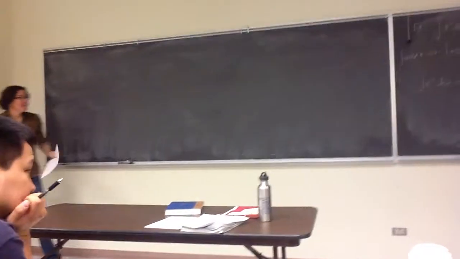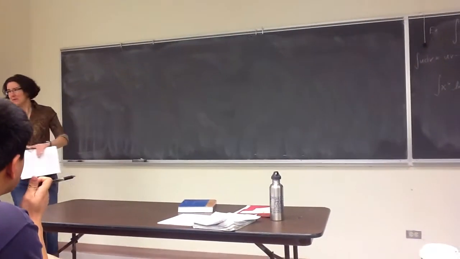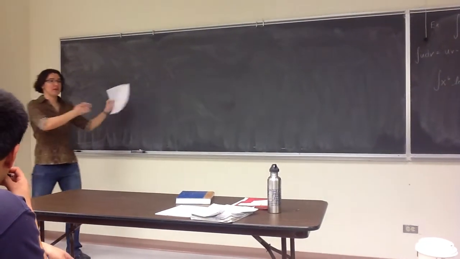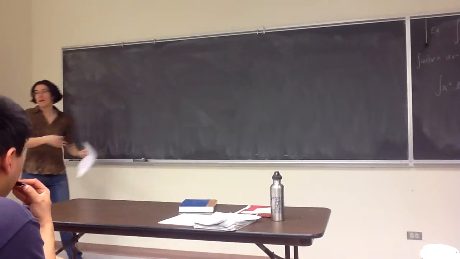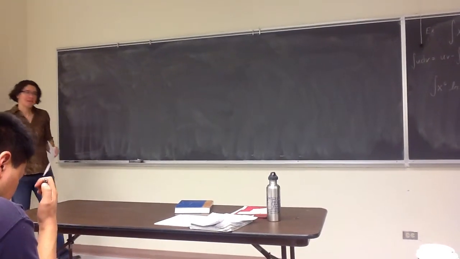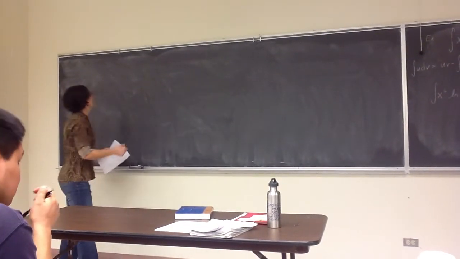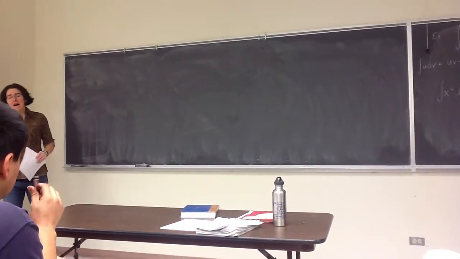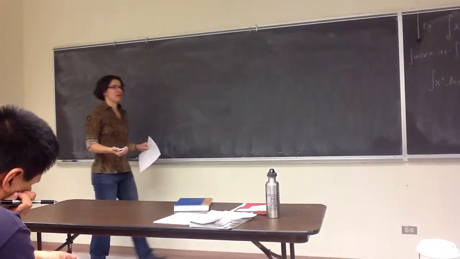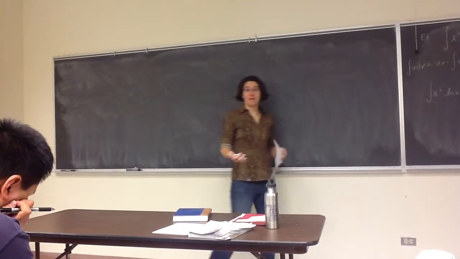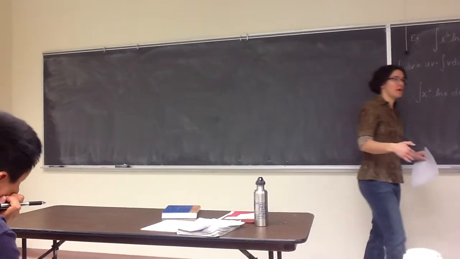Okay, so now I've told you about the formula. I've just straight up barfed it on the board and said, here's the formula, and we've used this formula now. But it's not really fair to do that. So the next question is, where does this formula come from? And I think that this is a really good question for you to take home and tell your neighbor about, tell your roommate about.